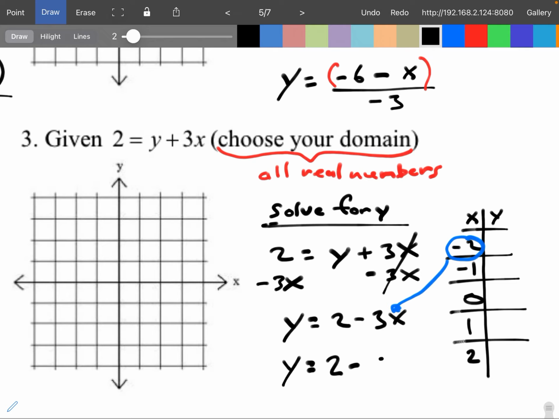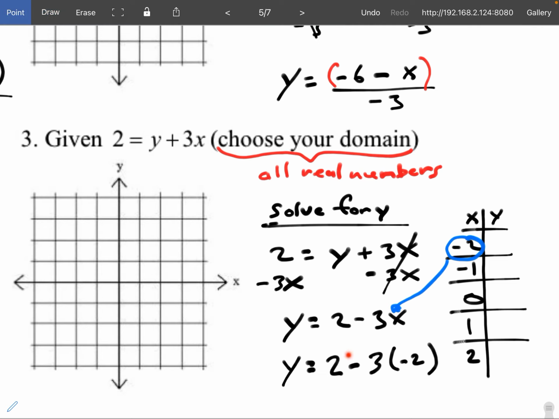All right, so the first one I've got to plug in is -2. I'm going to put it right in there for x. So that's going to look like y equals 2 minus 3 times -2.